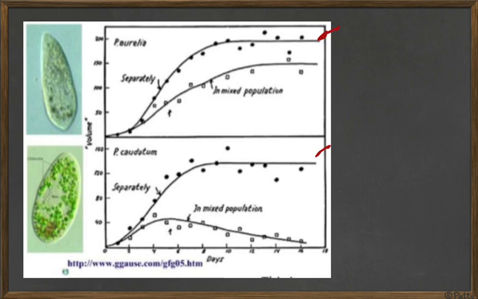But here, what I'm representing with a black line is these two species when they are mixed together. Apparently, Paramecium aurelia is not capable of growing the population so fast, and Paramecium caudatum grows fast in the beginning, but then starts struggling with the other species, and its population reduces until it gets very small. So this is the idea of competition.